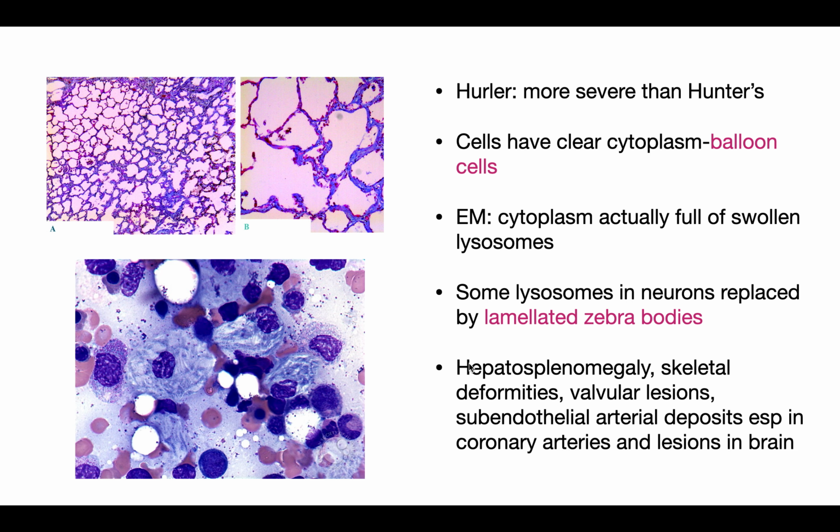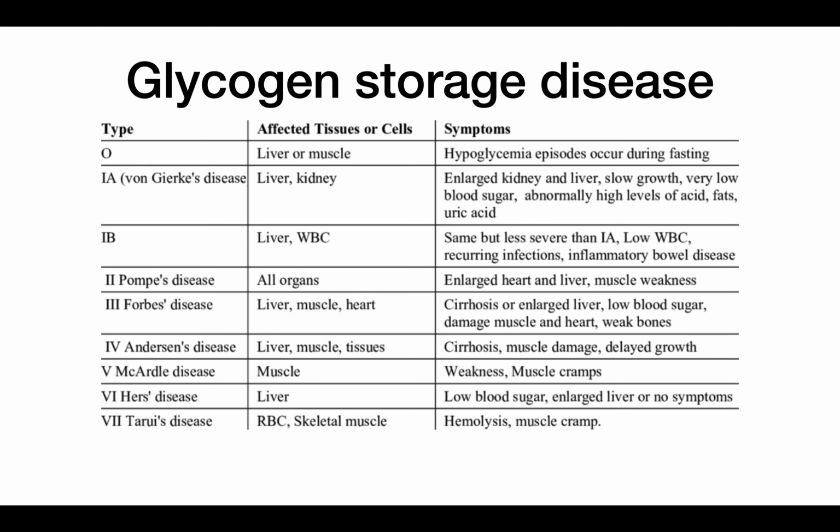It's going to result in liver and spleen megaly, skeletal deformities, valvular lesions, subendothelial arterial deposits, especially in the coronary arteries, and lesions in the brain. So here's the crumpled tissue appearance, and here are the zebra bodies.